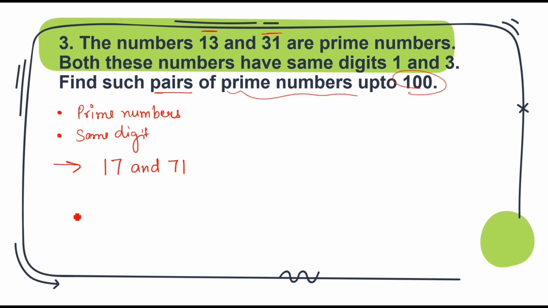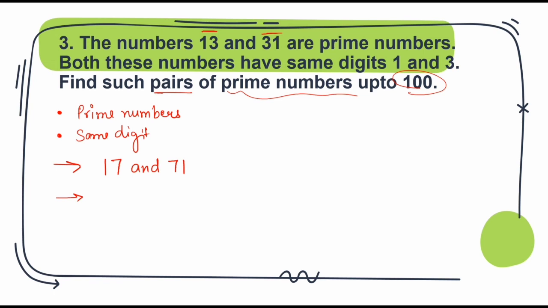Okay, so now if I take the example of 19 and 91, it could not be the correct answer, because 91 is not a prime number. Then if I take an example, see 19, 20, 21, 22, 23, if I take 23, see 23 is a prime number, but if I take opposite of it means 32. Okay, but 32 is not a prime number, right?